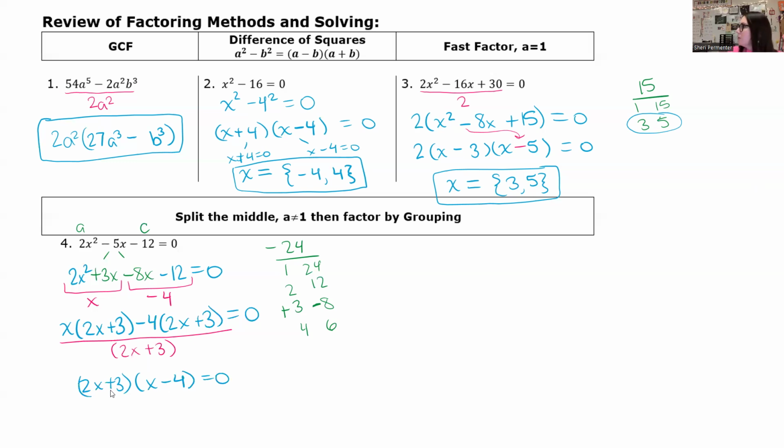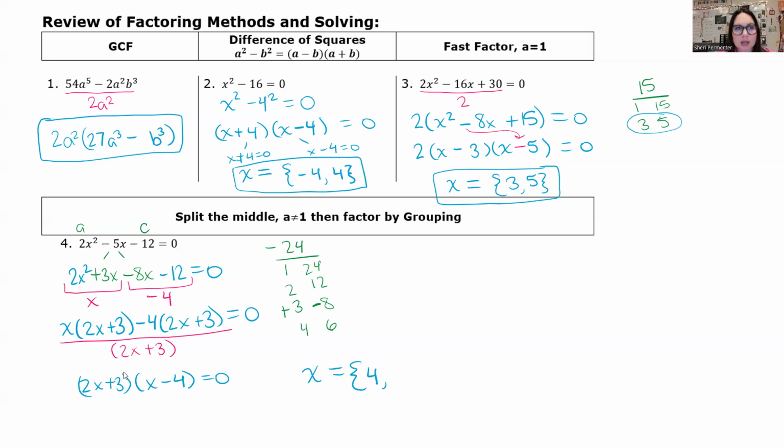From here, they're set equal to 0, so I can definitely get a solution set. So x equals, and you may or may not have to write these out. This one's easy. What's this one going to be? 4. Okay, for the other one, well, we know if that's negative 4, it becomes positive 4.